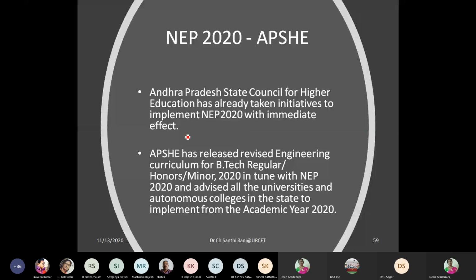AICTE has also started teaching these values through universal human values and the student induction program. APSCHE has released a revised engineering curriculum for BTech regular, BTech honors and BTech minor degrees for the academic year 2020 in tune with NEP 2020, and advised all the universities and autonomous colleges in the state to implement it from the academic year 2020 itself.